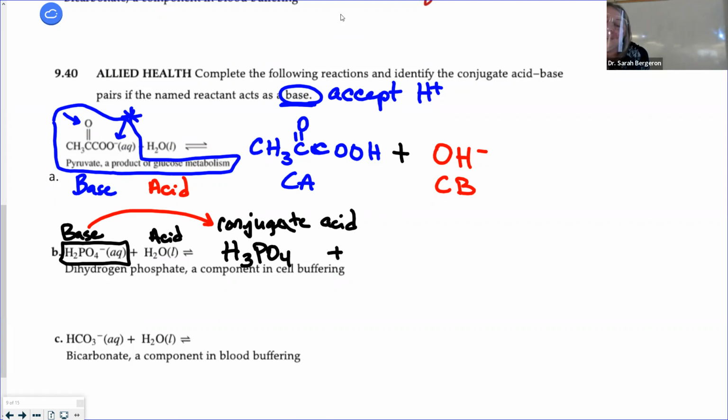And then we're also going to make something from water. Water's being an acid, so we're going to turn it into a conjugate base. So what happens?